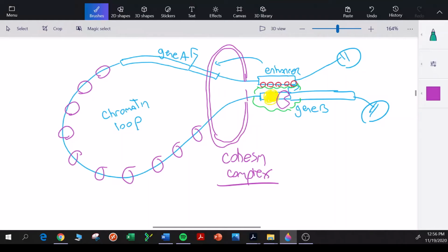Now, in recent years, researchers have found that enhancers are transcribed by RNA polymerase II to make enhancer RNAs.